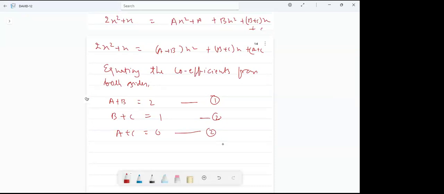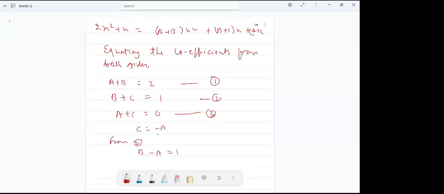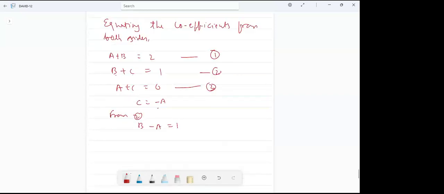From 3 we have c equals negative a. So put c equals negative a. From 2, b minus a equals 1, and from 1, b plus a equals 2.